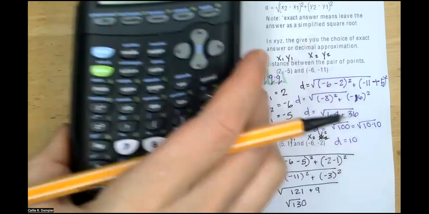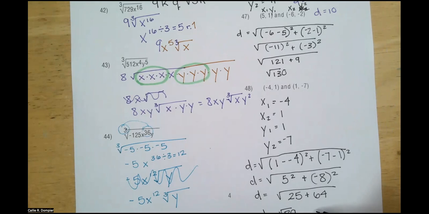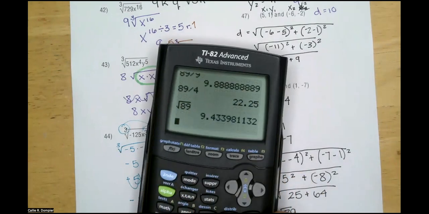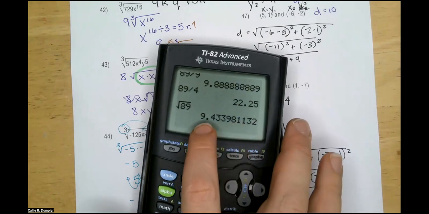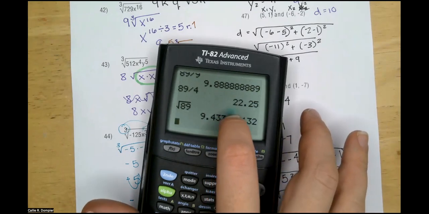No. Right? So we just leave it as that. That is the exact answer. If they want the decimal, then you just put in the square root of 89, and they will tell you what to round it to, right? So rounded to three decimals would be 9.434 because 39 is closer to 40 than 30.